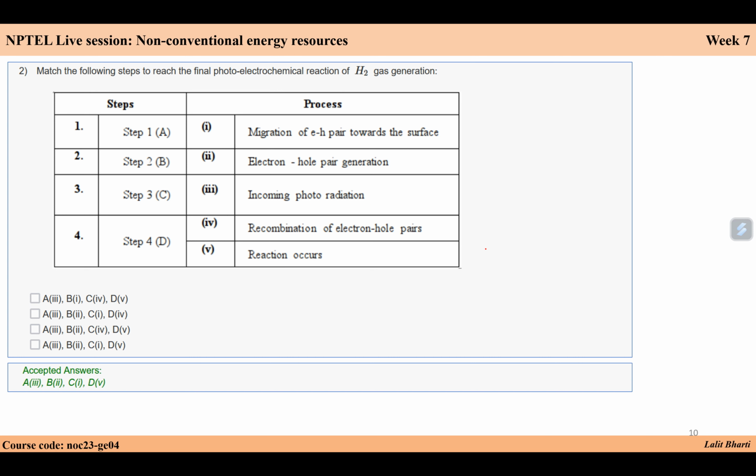So we understand that first, if we have a photoelectrochemical cell, what we require is the solar radiation. So first will be incoming photoradiation.